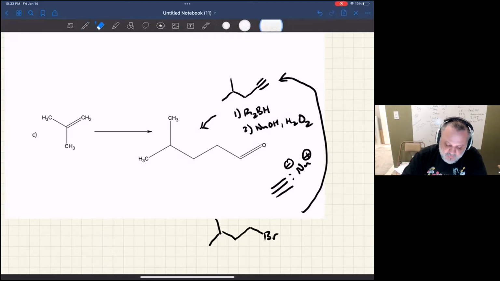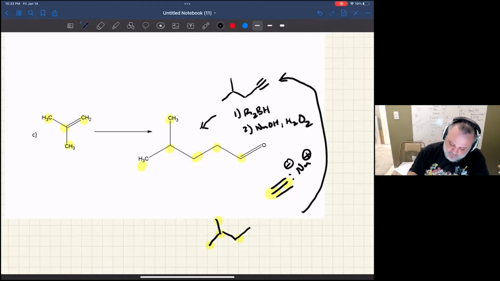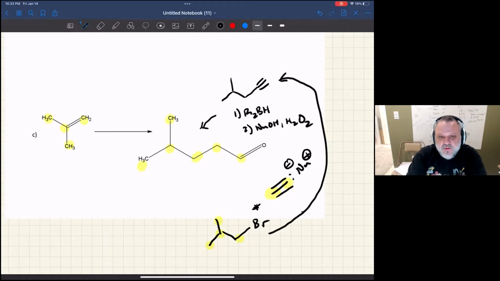And so this is where I got my extra carbon from. 1, 2, 3, 4, 5, 6. 1, 2, 3, 4. Here's the 5 and the 6 that I brought into the reaction. So I still have 1, 2, 3, 4. Let me correct this. And I'm bringing in 2 extra into the reaction. So count your carbons. Okay, so how can I make this guy?